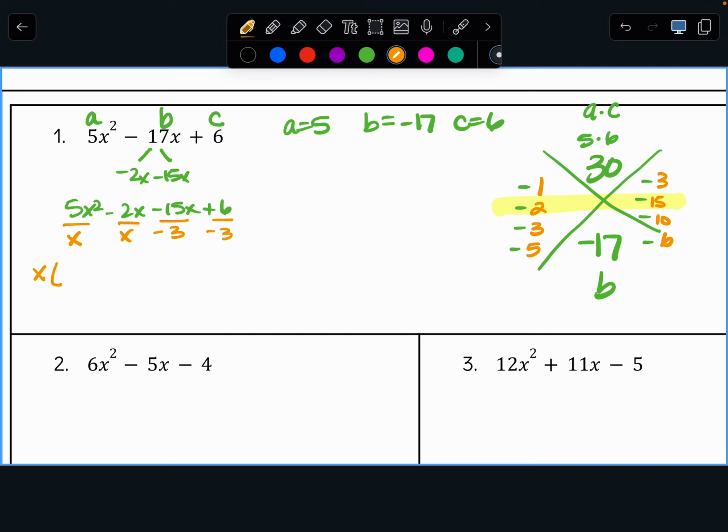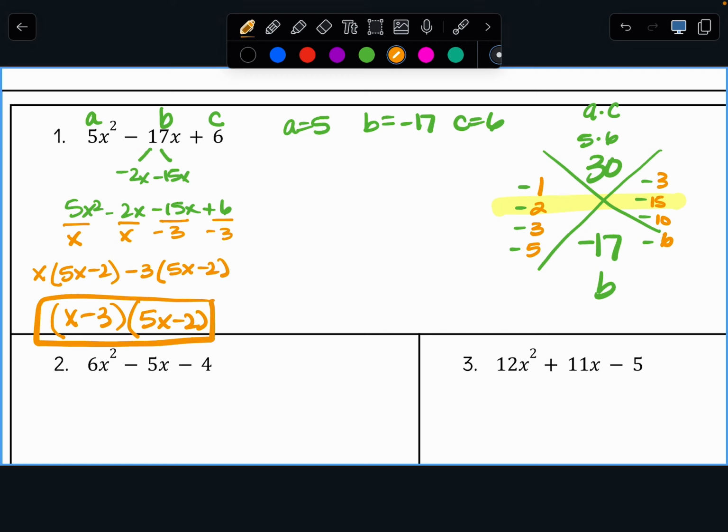So then I have x times 5x minus 2 minus 3 times 5x minus 2 to end up with x minus 3, my outside terms, and then my one common term, 5x minus 2. It really is the same thing as yesterday.